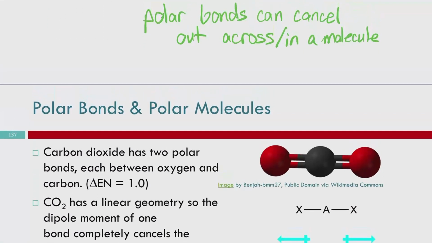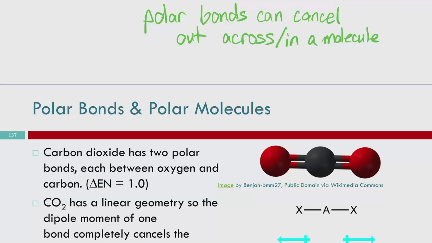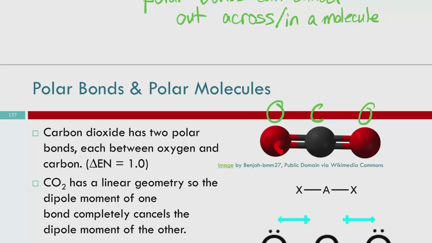As an example of canceling out, carbon dioxide, carbon in the middle, oxygens on the outside. Carbon has an electronegativity value of 2.5, oxygen's a 3.5. And so each of these bonds has a difference in electronegativity of 1, and that would make it polar.